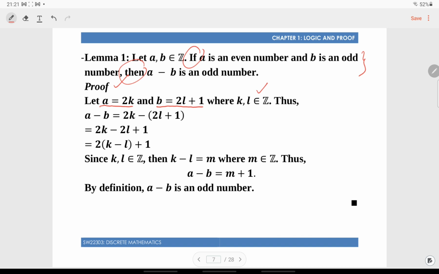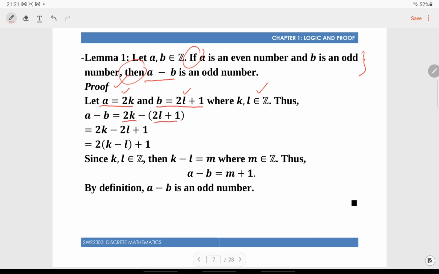From that, we have a minus b. We want to prove that if a is an even number and b is an odd number, then a minus b is an odd number. So a minus b is equal to 2k minus (2l plus 1).